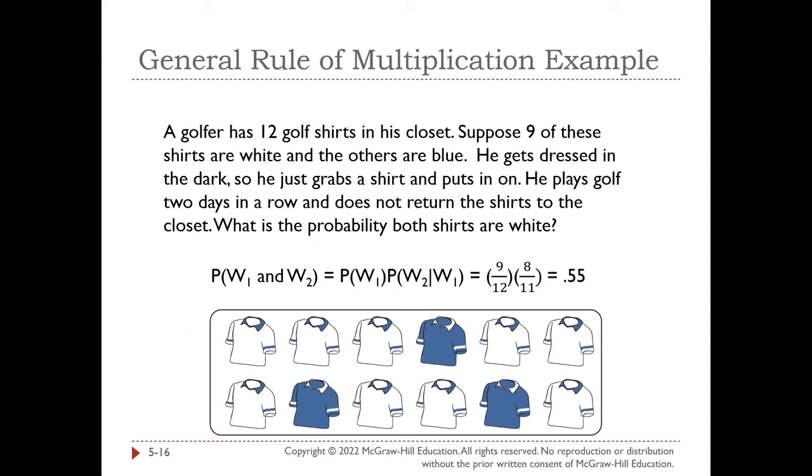He does the same event, or basically experiment, but he's already removed one shirt. So in order to pull the second white shirt, event A has to have taken place for the 2 consecutive days. So this is where we get 8 shirts now that are left that are white, because he pulled the first white one, divided by 11 total shirts. Because remember, 1 shirt is removed.